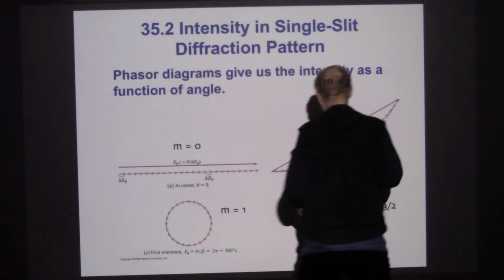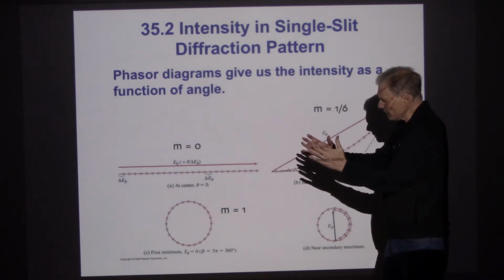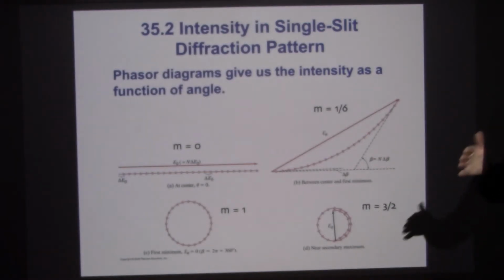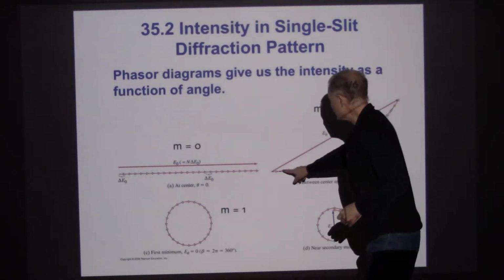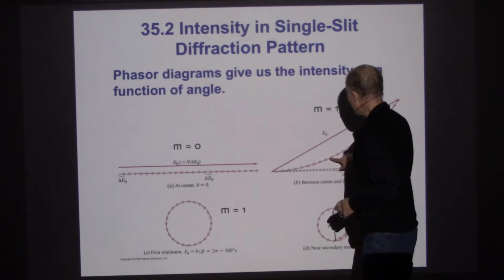Now, in this picture over here, we're looking a little bit off to the side. Each one of those successive paths is a little bit longer than the one before it. And that says that each path is going to be a little bit out of phase compared with the one before that.